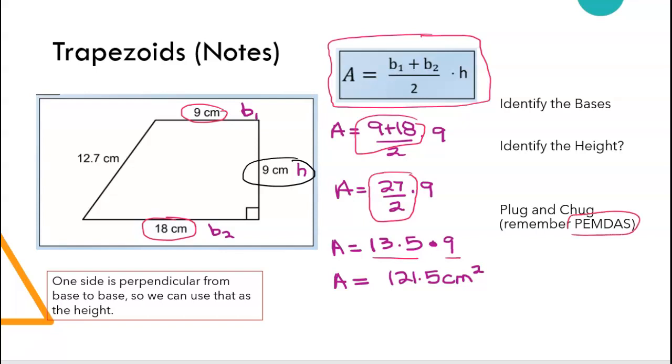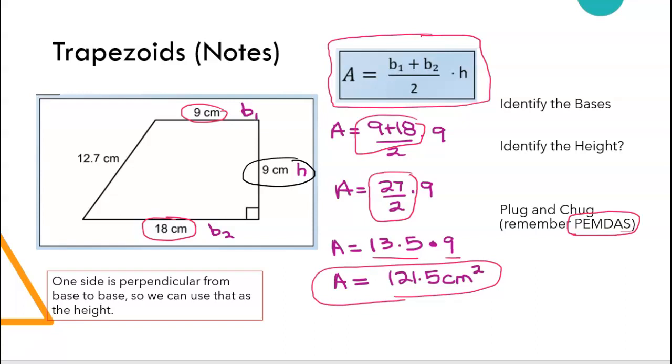PEMDAS. You do parentheses first. Then you do exponents. Multiplication, division, addition, and subtraction. Okay, but then we come up with our final answer of 121.5 centimeters squared.